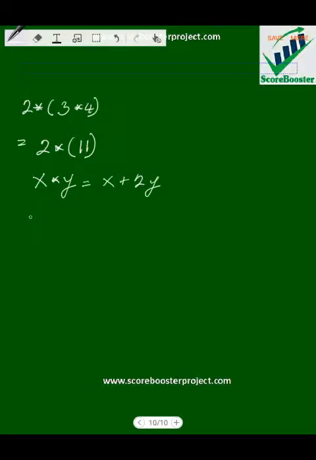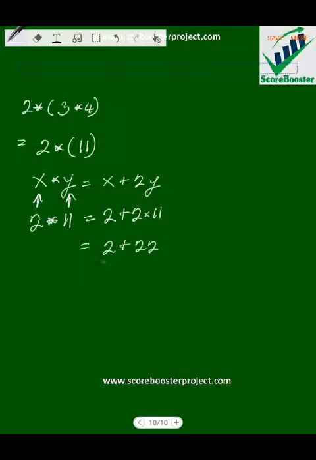Now if I want to work out 2 star 11, it means my x is now 2, my y is now 11. So instead of x, I'm going to write 2 plus 2 times 11. This is 2 plus 22, so my final answer is 24.